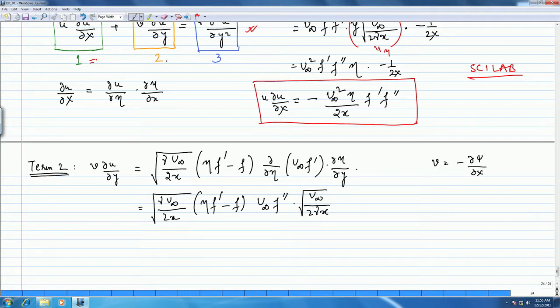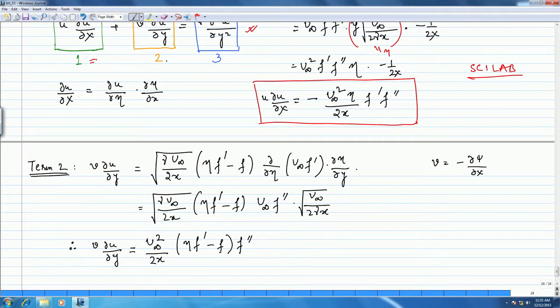So if I do that, you can see that, therefore, v del u del y is equal to u infinity squared by 2x, because the nu cancels out, times eta f dash minus f into f double dash.